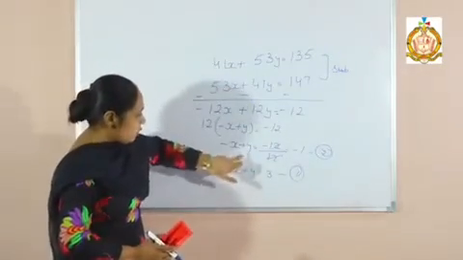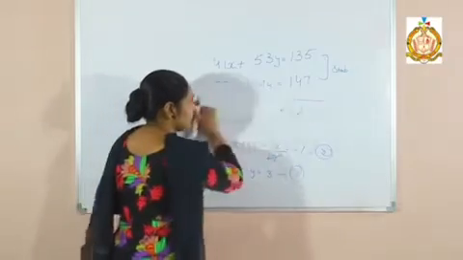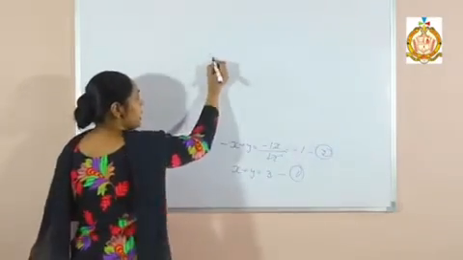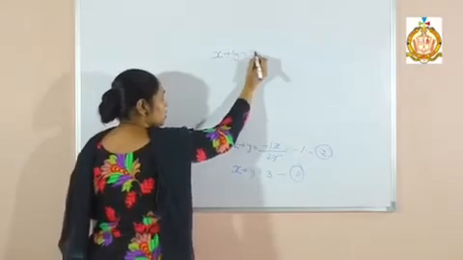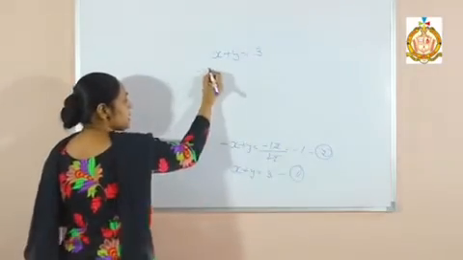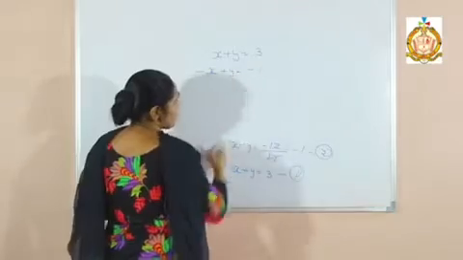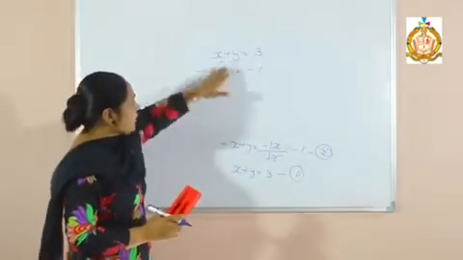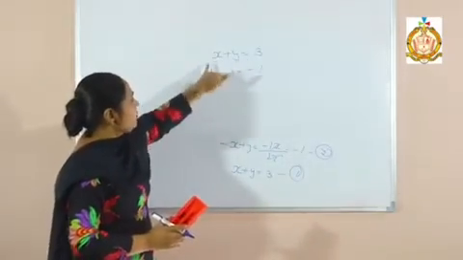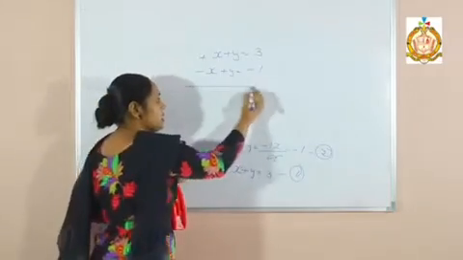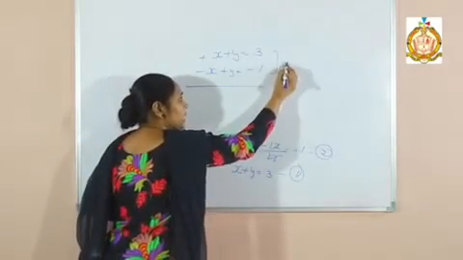Now I have to solve for x and y. My first statement is x plus y equals 3. And my second statement becomes minus x plus y equals minus 1. Now there is nothing to multiply, because this is positive and this is negative, we can just add them.